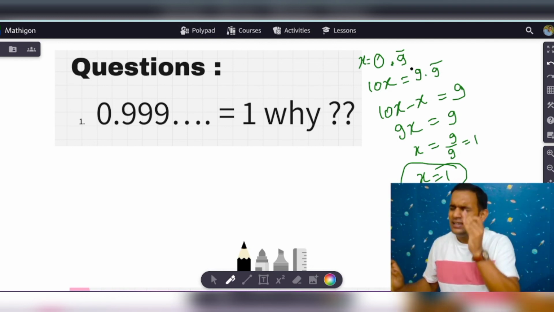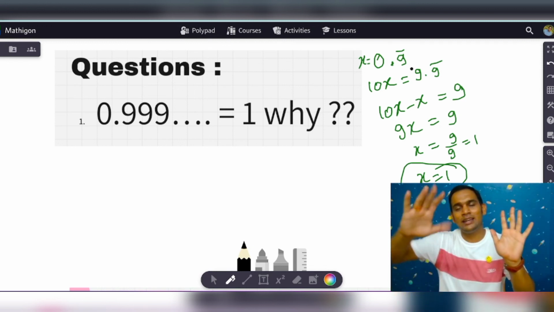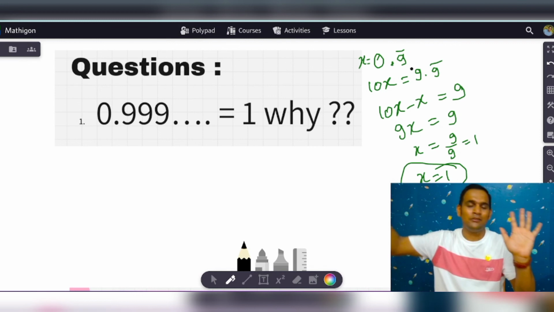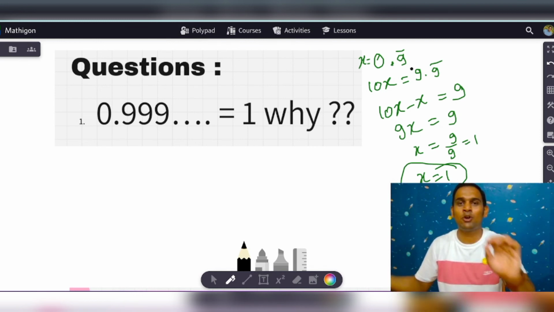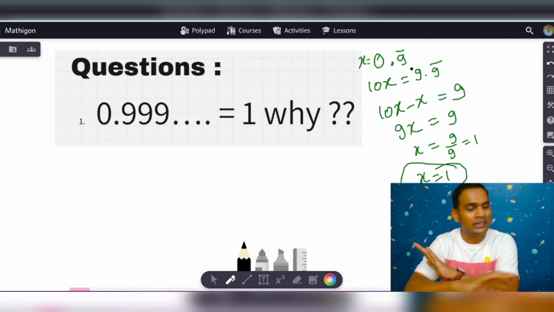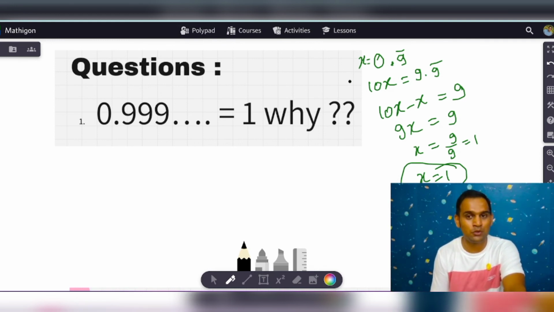So there is a little bit of approximation in this process, and that is why 0.999999999, which keeps on going, we get as 1. Although that approximation is negligible and not visible in all the other examples we have done, it is visible in 0.999 repeating equals 1.